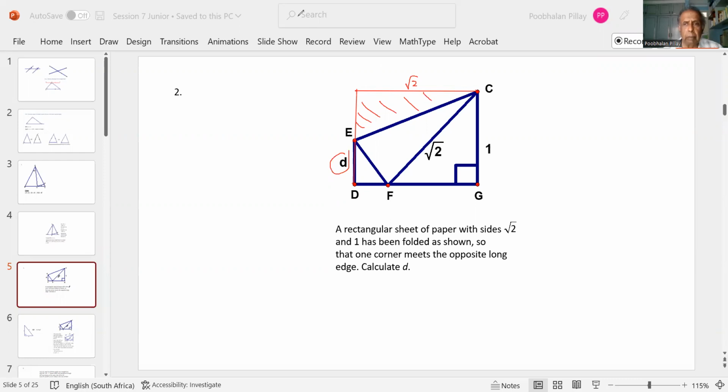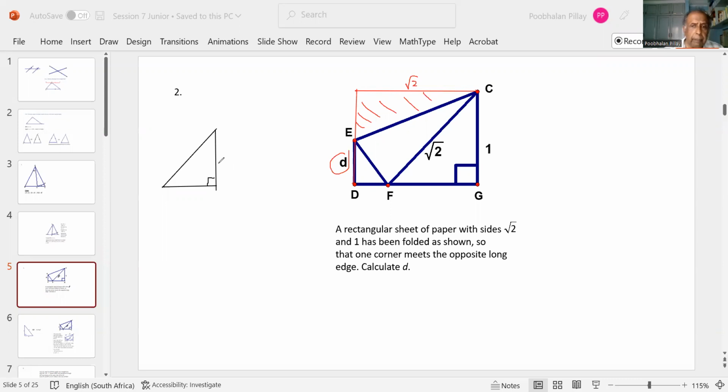It's a very important theorem in geometry. It says that if you have a right-angled triangle, a triangle where one of the angles is equal to 90 degrees, and of course, 90 degrees is a nice angle. It's half of a straight line.